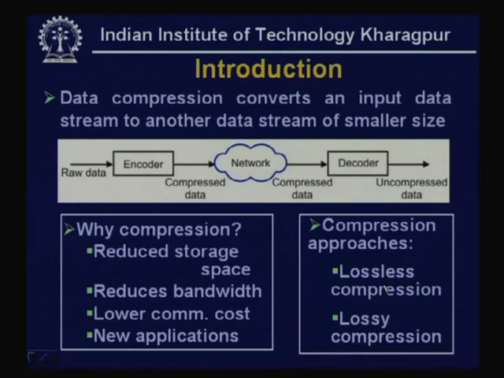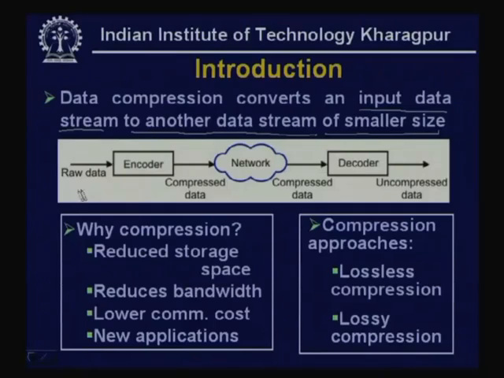Now, first let us consider the definition of compression. What do you really mean by compression? By compression, it essentially means that the compression converts an input data stream to another data stream of smaller size. So, essentially it reduces the size of the data.